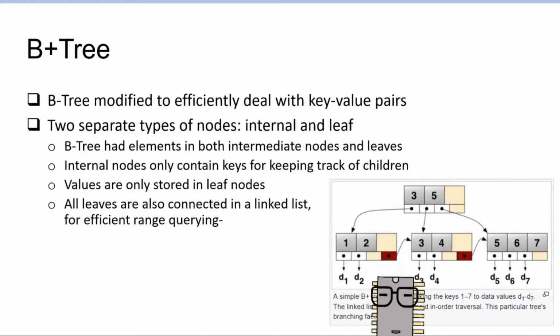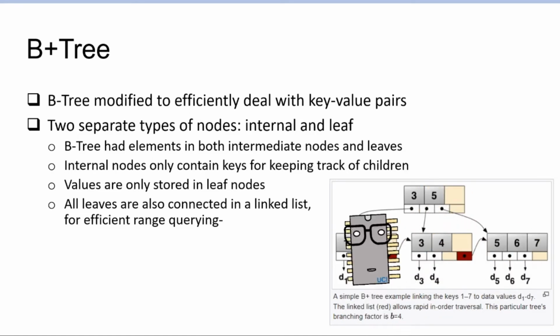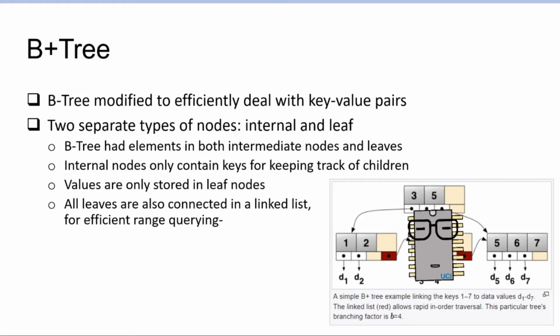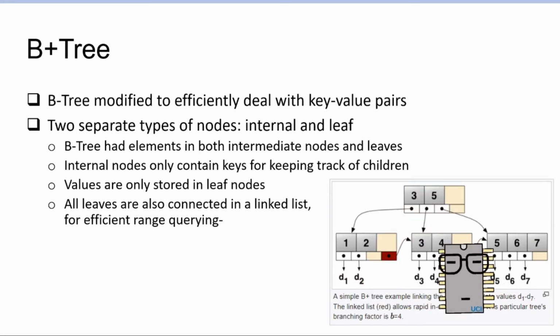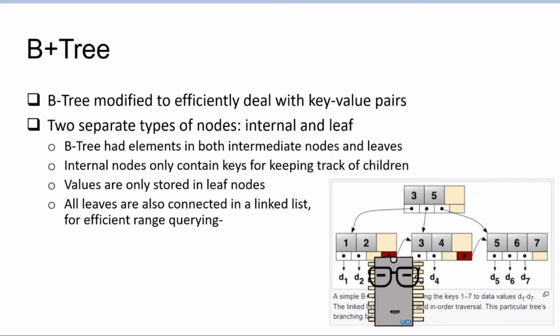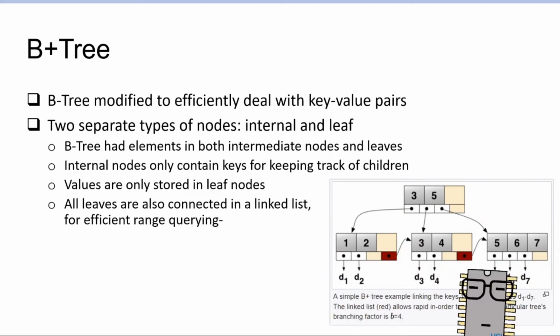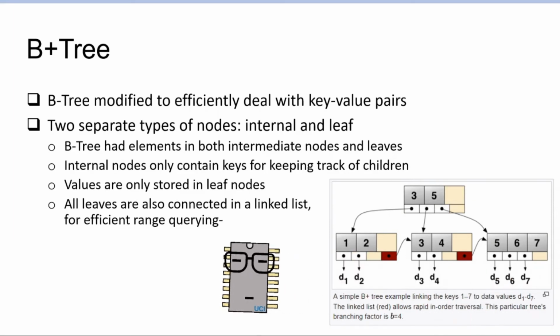If you didn't have this linked list, you'd have to traverse the tree for every single value in between, or at least start from the key value 4 and then go to the right, and then traverse back up to the parent, and then go down, etc., etc. But if you have a linked list, you just traverse the linked list, starting from the leftmost to the rightmost, until you reach the end of your predicate key.